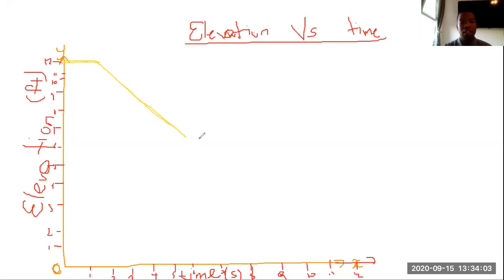And then he hit another landing that was right in the middle. And he did that for about, let's do 3 seconds. And then he went down those last set of stairs after the first landing. And let's say he did that for about 2 seconds. Right? And then he was on the bottom floor.